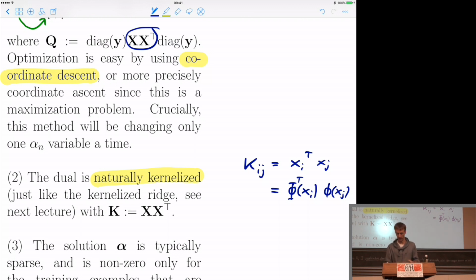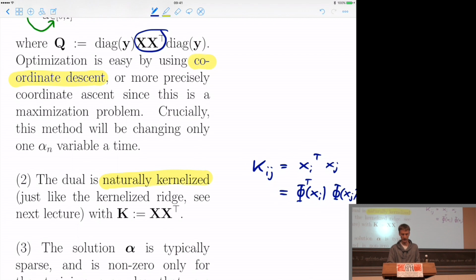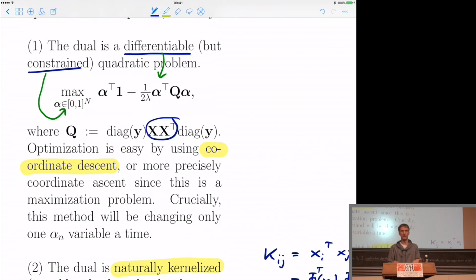You only need to know what it does to a pair of two data points. If you know that, then you have defined a new K matrix. That's kind of the similarity of all these points to each other. And whatever such matrix you have, you could just plug it into the problem here and solve for the alpha.